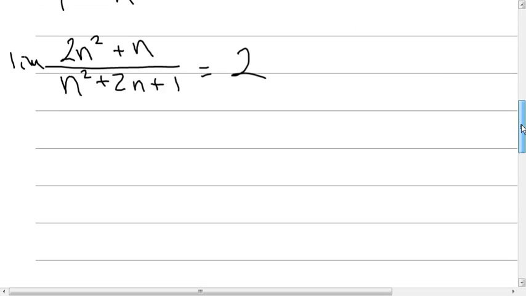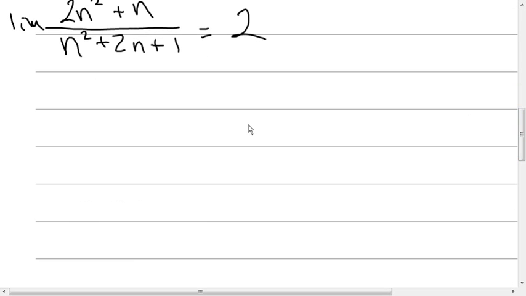Next part of the problem, part B, we have a sub n equal to 1 over (2 to the nth minus 1).